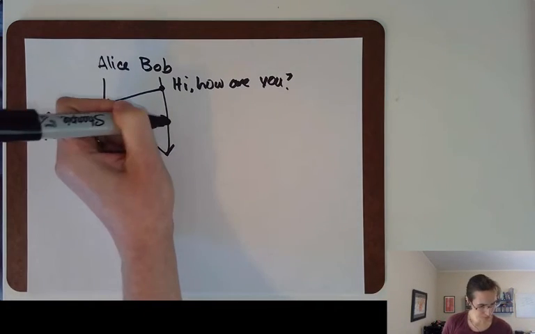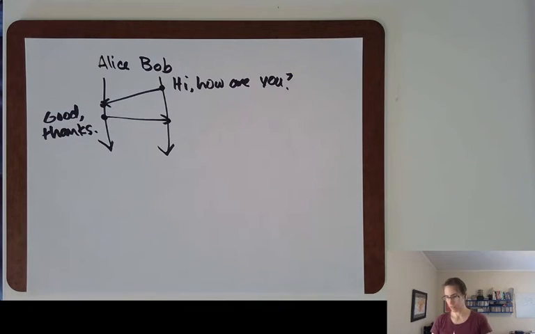So that could be another run of the same protocol. Nothing in our description of the protocol said that Alice had to be the first to talk, so these are both valid runs of the protocol.